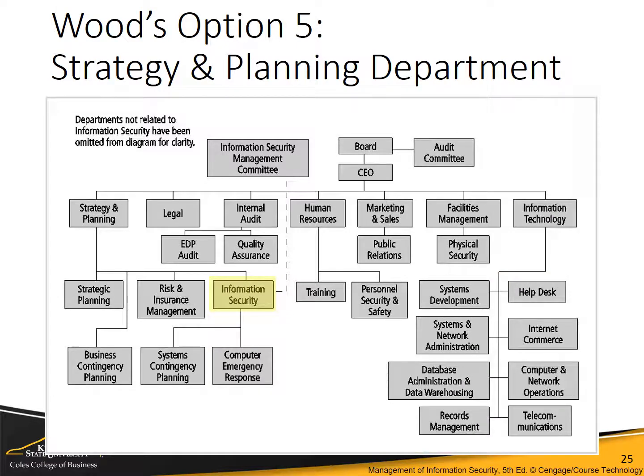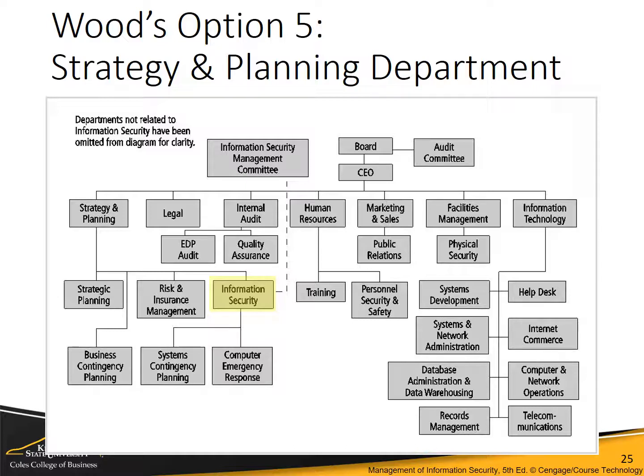Option 5 places InfoSec within a strategy and planning department. InfoSec is further separated into business, systems, and emergency response groups. There is no CIO or CISO included with this option, but IT and information security are separated.